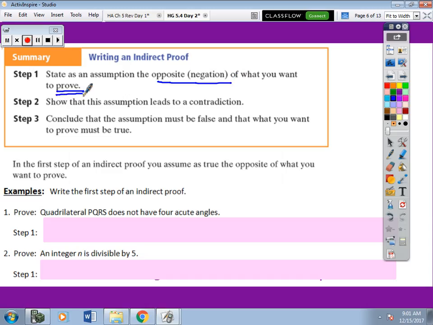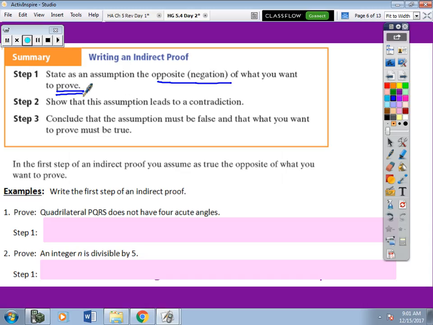Whatever the prove statement is, if you want to prove that quadrilateral PQRS does not have 4 acute angles, you're going to try to prove the opposite, that it can have 4 acute angles.